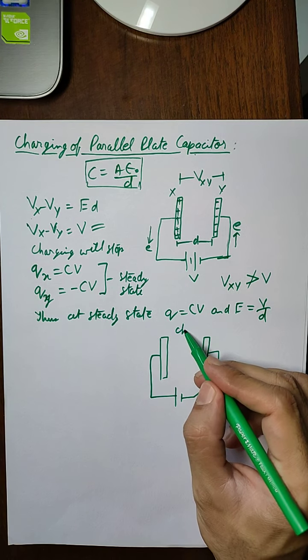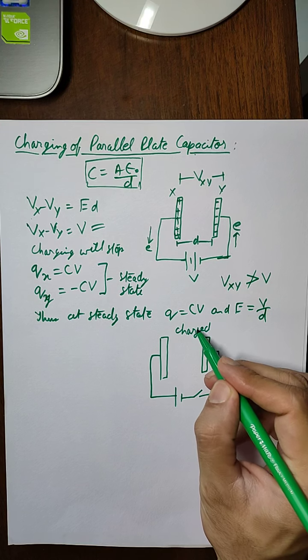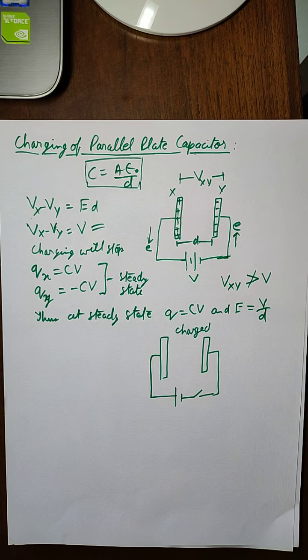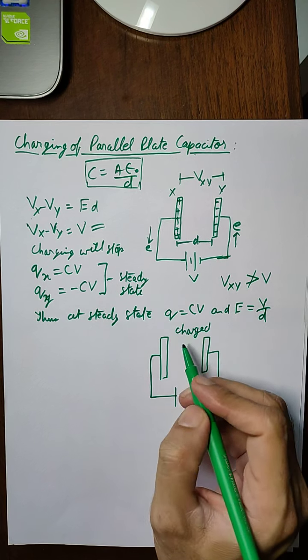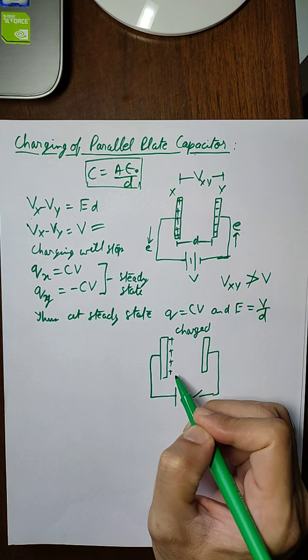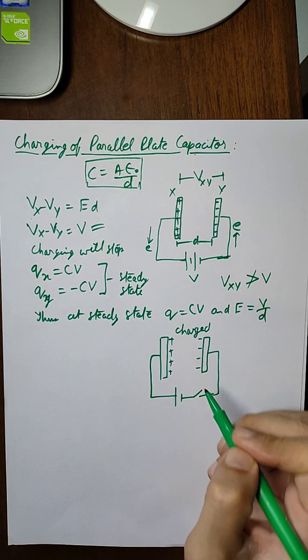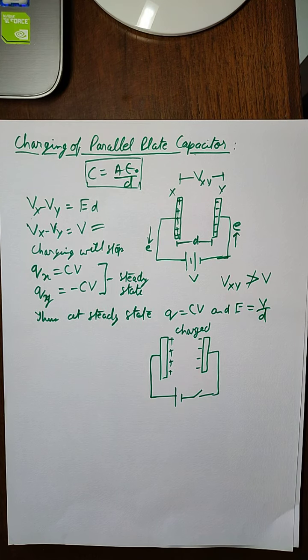Remember, these are charged plates. If we are given a charged capacitor, then it will have equal and opposite charge on the inner surfaces of the two plates. So if we have positive charge here, then it will have equal negative charge on the other inner surface.